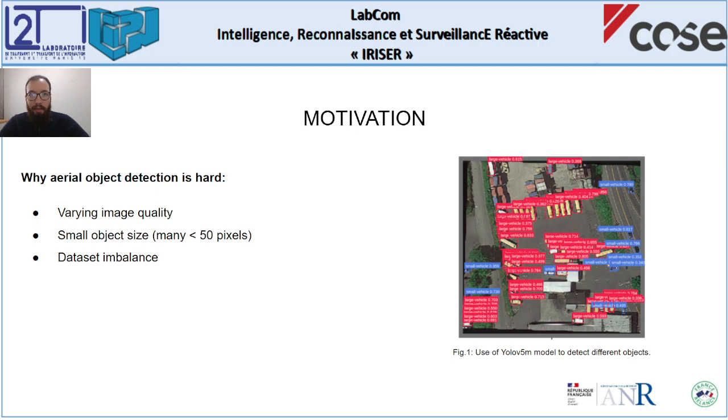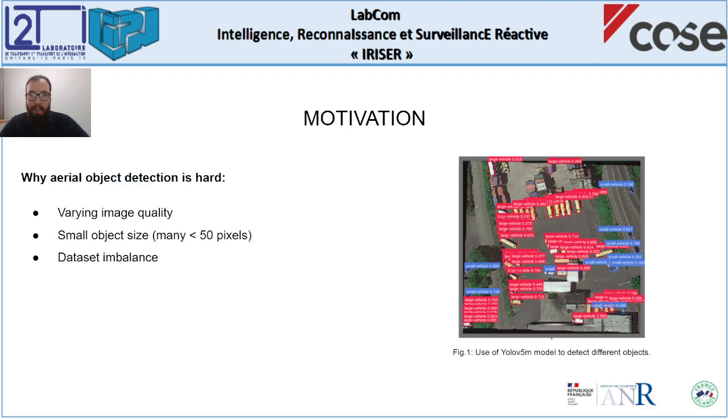The motivation of this paper is that it's very hard in the computer vision domain to detect small objects, especially aerial ones, because of the variability in the capture sensors.